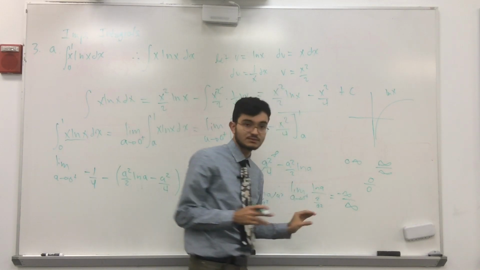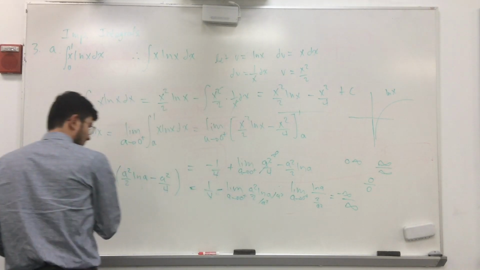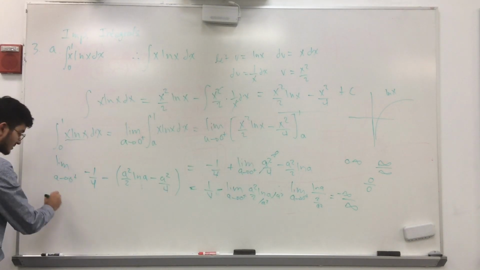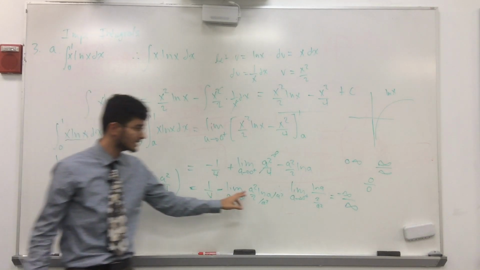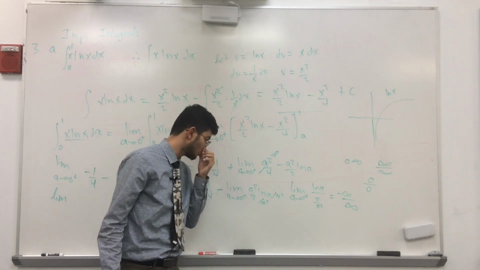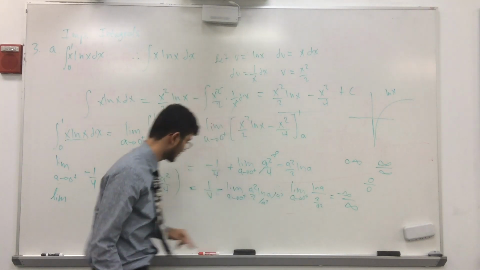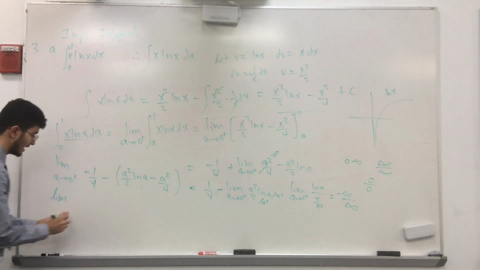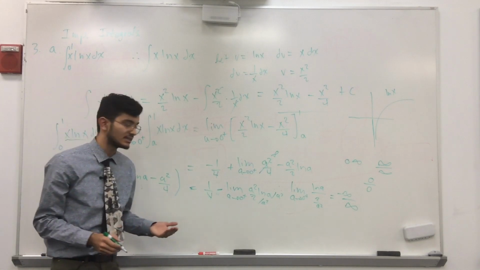So we're going to take the derivative of the top and the bottom, and then take the limit of that. We're just focusing on that limit, the limit of a squared ln of a divided by 2 as a goes to 0. It's nothing but the derivative of this over this, right? So that's going to be the derivative of ln of a, which is 1 over a, divided by the derivative of 2 over a squared.